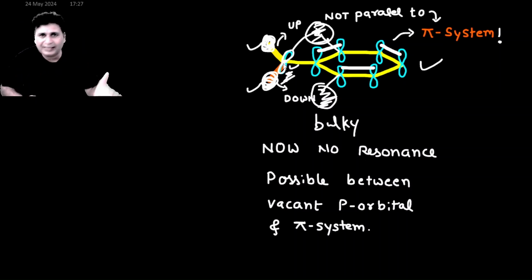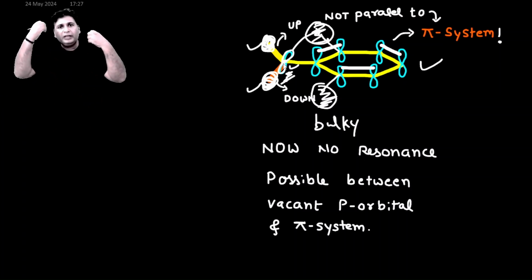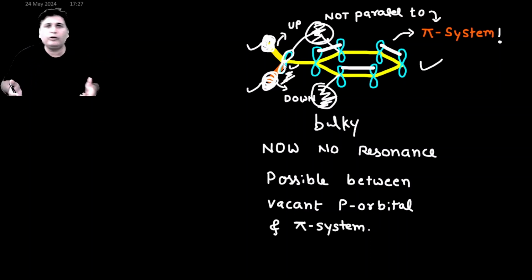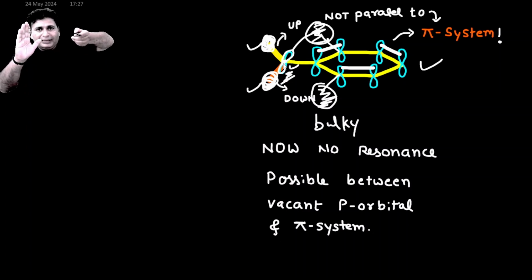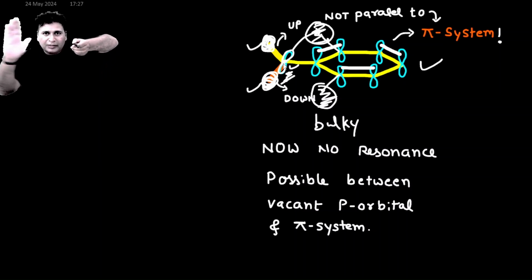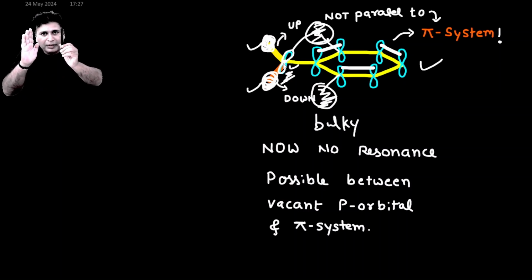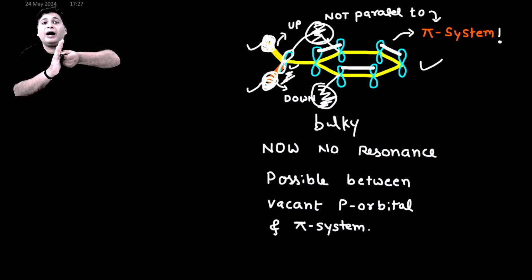and there was a possibility of conjugation, resonance, stabilization. But if there are two bulky groups at the ortho position, because of the repulsion, this carbocation becomes perpendicular to the plane of the benzene ring, and simultaneously this p orbital also becomes like this. So as the carbocation tilts its plane, the p orbital also tilts its plane. Earlier the p orbital was like this, but as the carbocation turns, the vacant p orbital becomes like this, perpendicular to the pi system now, not parallel.